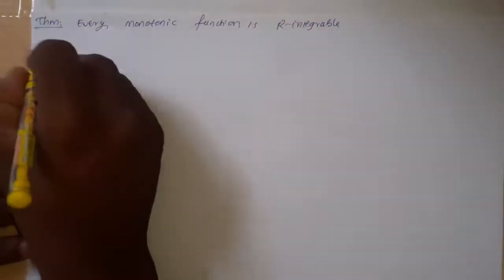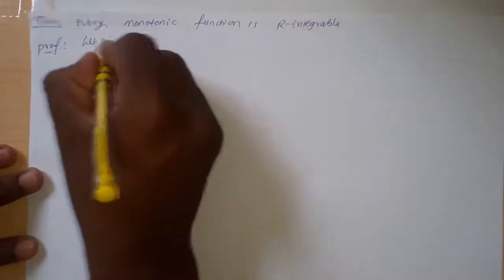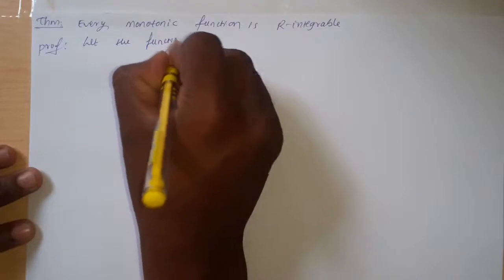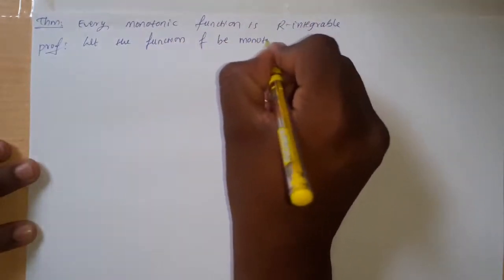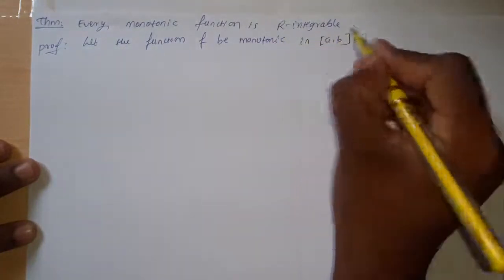The next theorem is: every monotonic function is R integrable. Here monotonic means it may be increasing or decreasing. Proof: let the function f be monotonic in the closed interval [a, b].